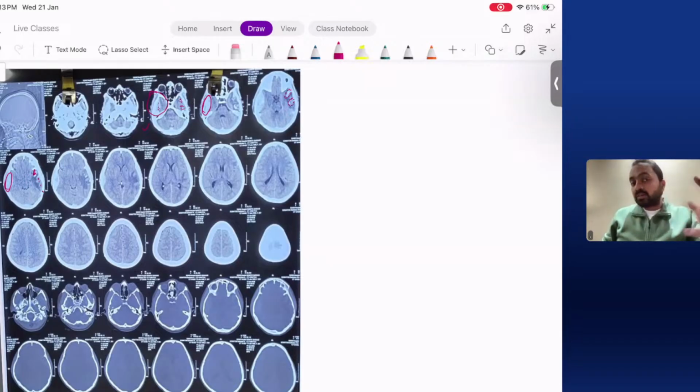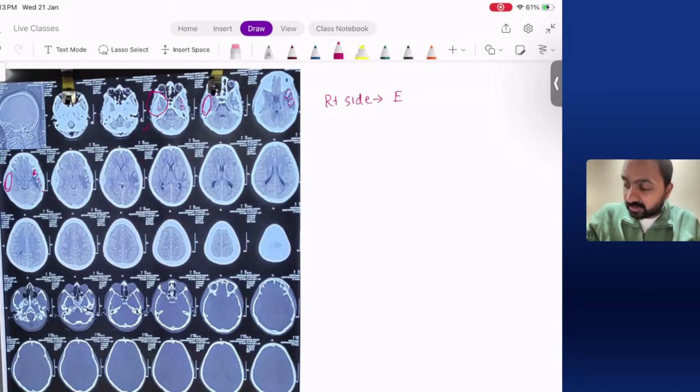If you remember what we just read before in the CT, on the right side we definitely have an extradural hematoma. On the previous CT, there was an underlying depressed fracture also along with it. But over here, on the opposite side, we have some contusions, right? So this is your left side contusion.